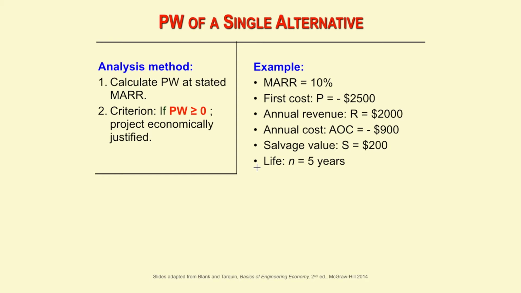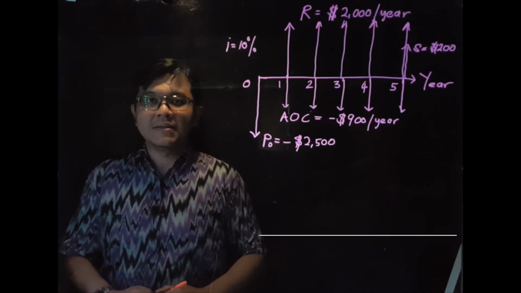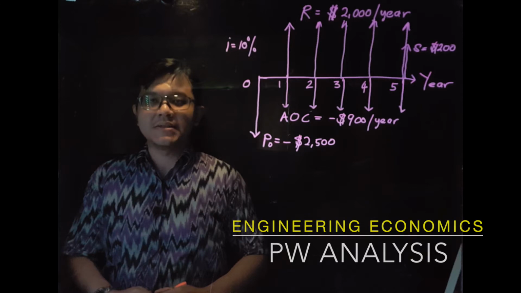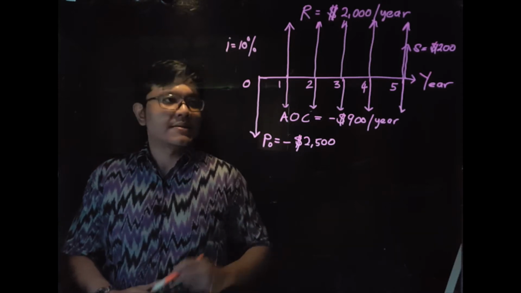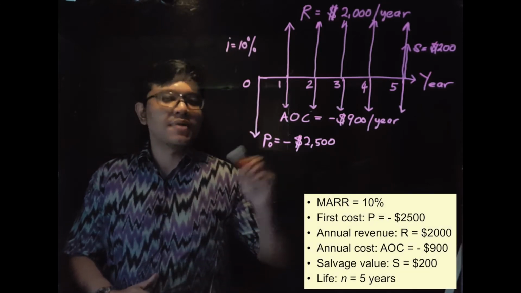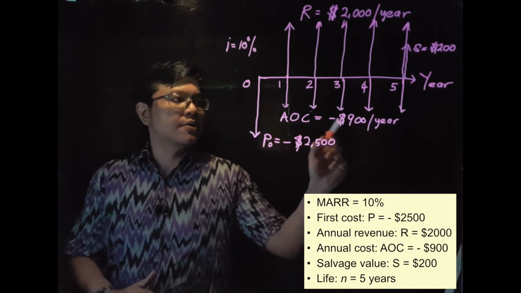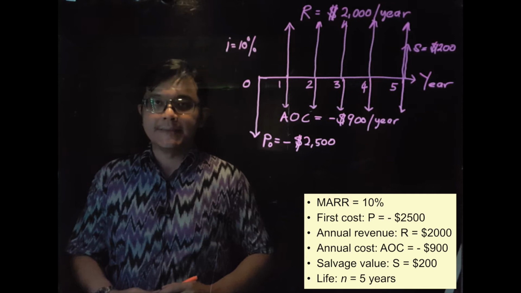Now let's try this exercise to apply present worth analysis on a single alternative. In this example, we want to determine if this project is economically justified. The project has a first cost of $2,500 and it has annual costs of $900 per year.